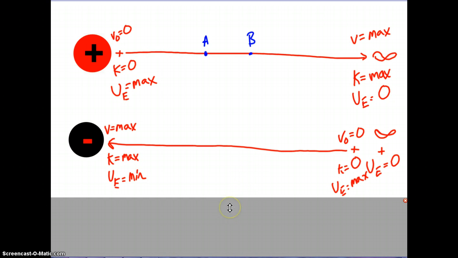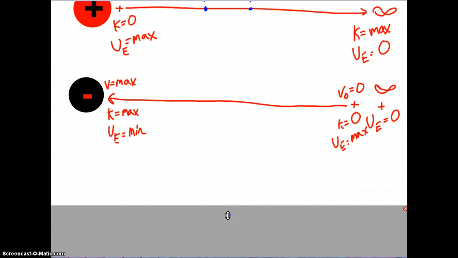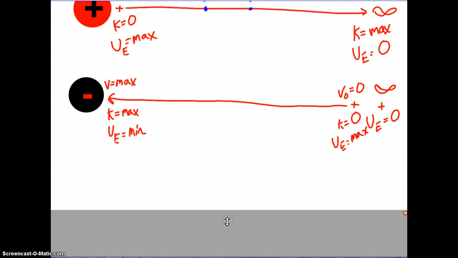Okay, now let's talk about the equation for electric potential energy. And we're going to start with electric potential energy. Its symbol, by definition, is work done on a charge.